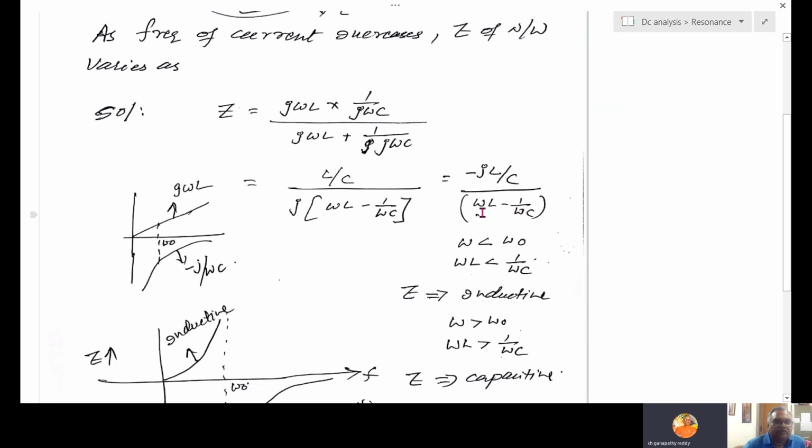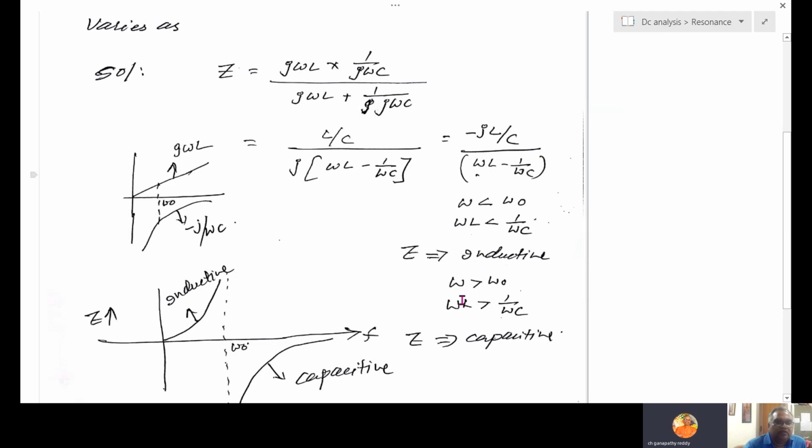So negative cancels, Z becomes positive. Positive reactance means inductive. If frequency is greater than omega naught, omega L is greater than 1 by omega C, so this is positive, negative, effectively negative remains. So Z is a capacitor.